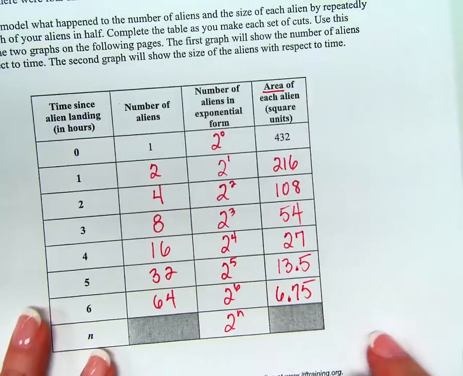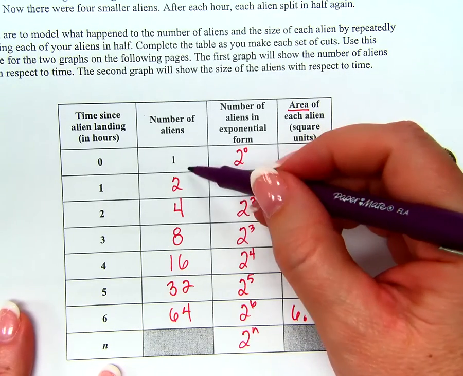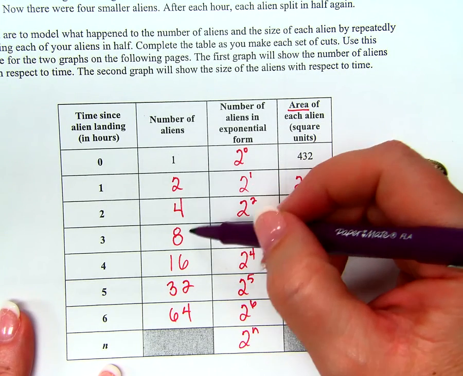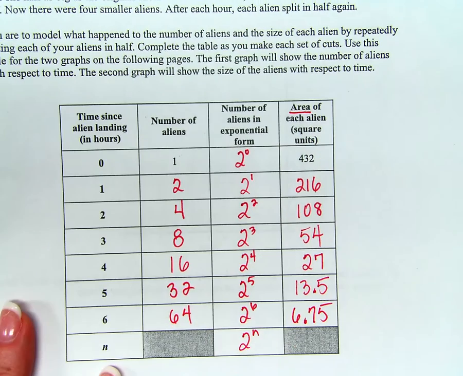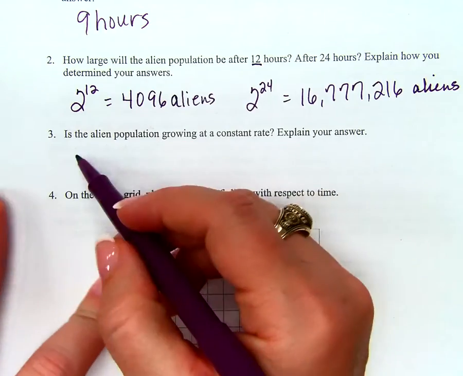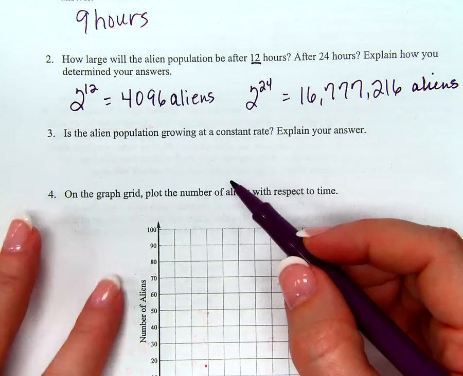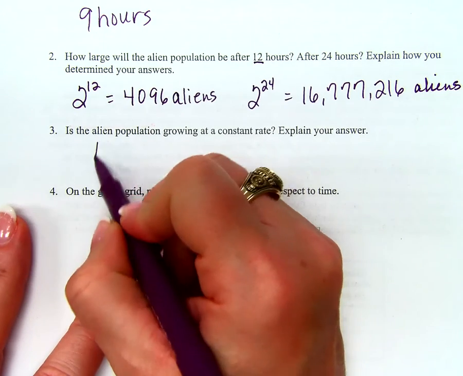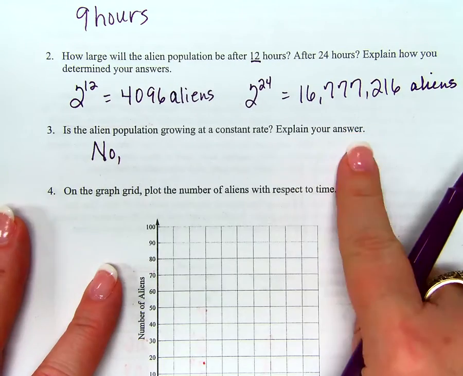No. Except there's something happening here, because every single term, what's happening? It's multiplying by 2. It's doubling, right? So something is happening, but let's answer this question first. Is it growing at a constant rate? No. Explain your answer.